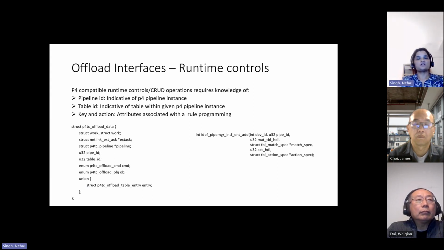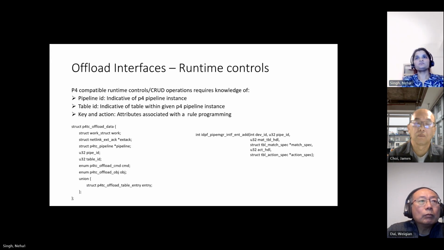On the left side is the kernel structure, the information that the kernel gives about a given rule to the driver. And on the right side is the target independent, abstracted away P4 programmable layer, our pipe manager. The interface to pipe manager looks like this.